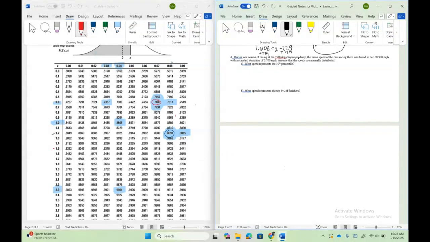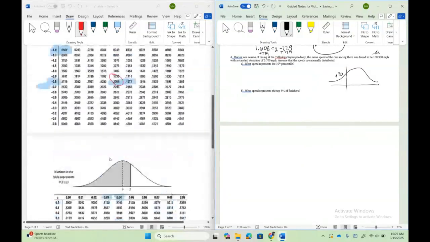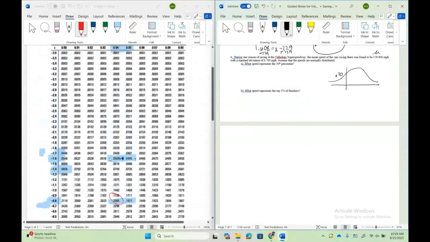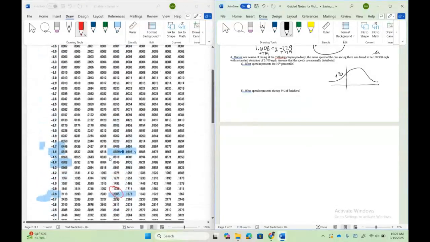During the racing at Talladega Superspeedway, the mean speed of the cars racing was 158.9 with a standard deviation of 6.7. What speed represents the 30th percentile? The 30th percentile is below average, so this would be 0.30. So now I'm looking for a negative z-score close to 0.30.